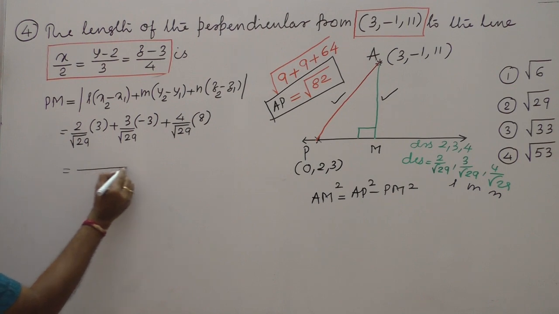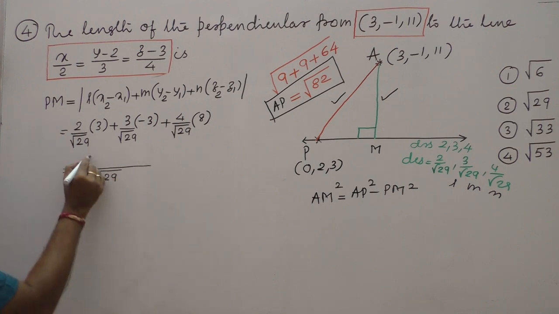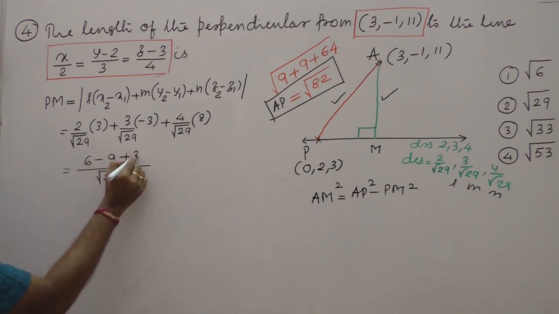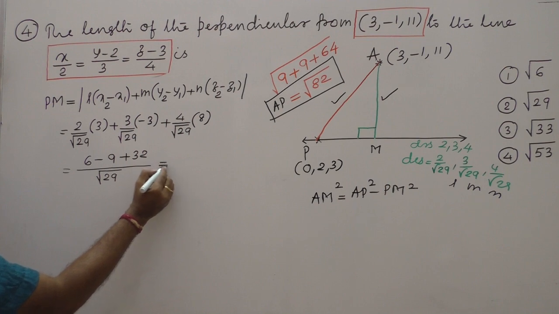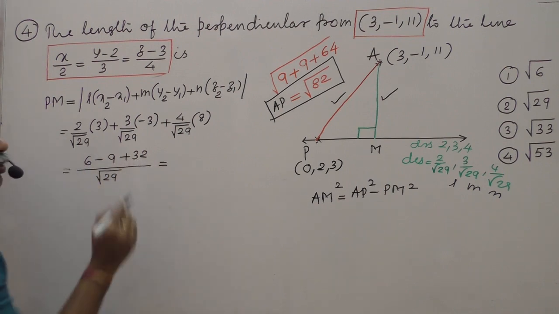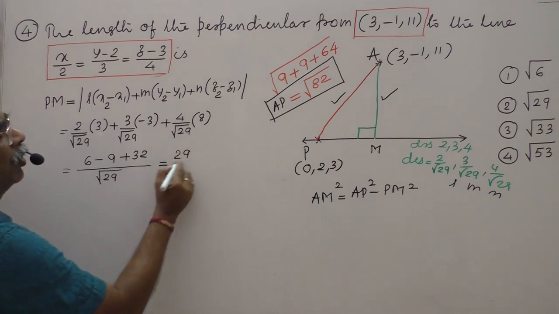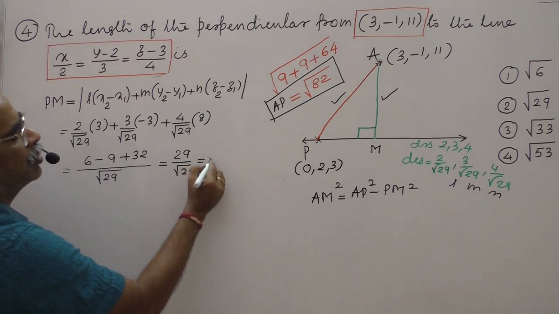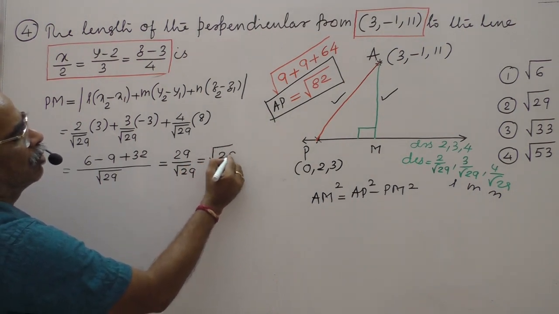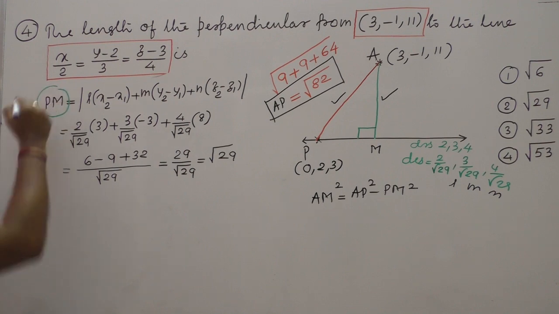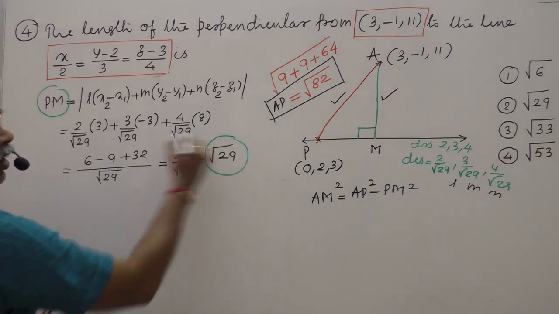So I can take LCM. LCM is root 29. Here I will get 6 minus 9 plus 32. Yes, 32 plus 6, 38 minus 9, 29, divided by root 29. This implies this is root 29. What is this? This is PM. PM is root 29.